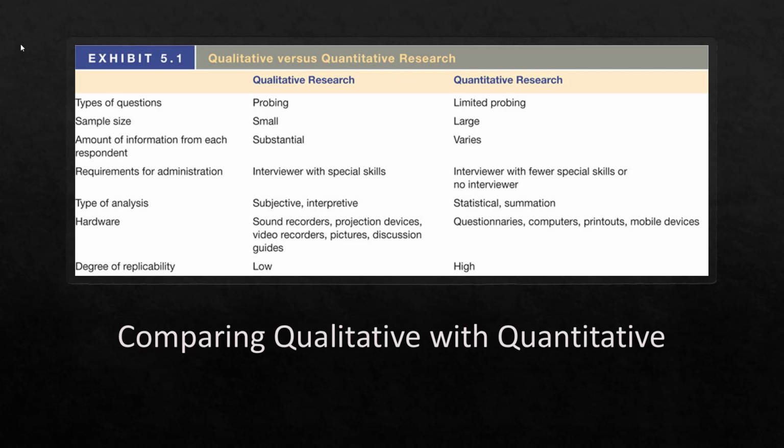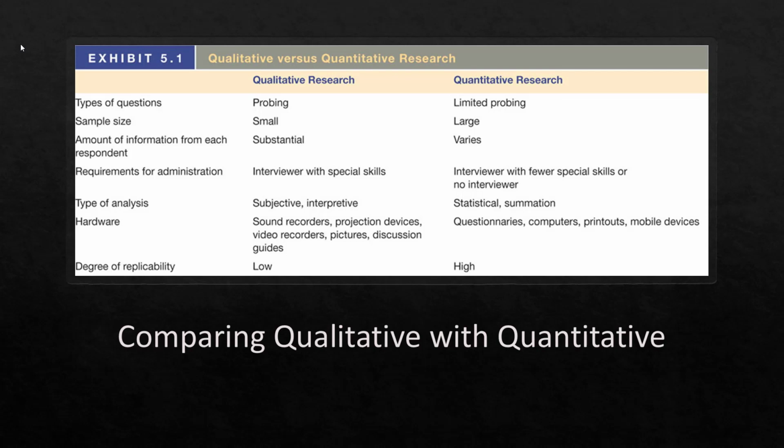The third major difference is the amount of information from each respondent. In qualitative research, the amount of information from each respondent is substantial, meaning that, for example, in a focus group, we would record their talks and their responses. And in an in-depth interview, that's even more significant per respondent. Let's say we have a 90-minute interview, and we record all their words and expressions and transcribe them into a transcript.